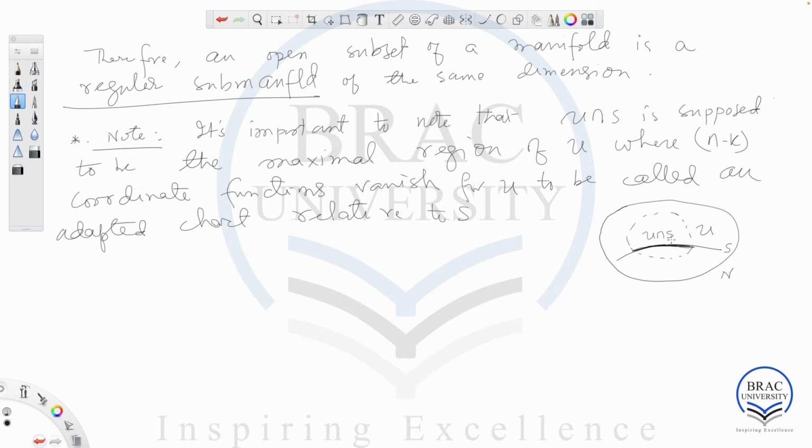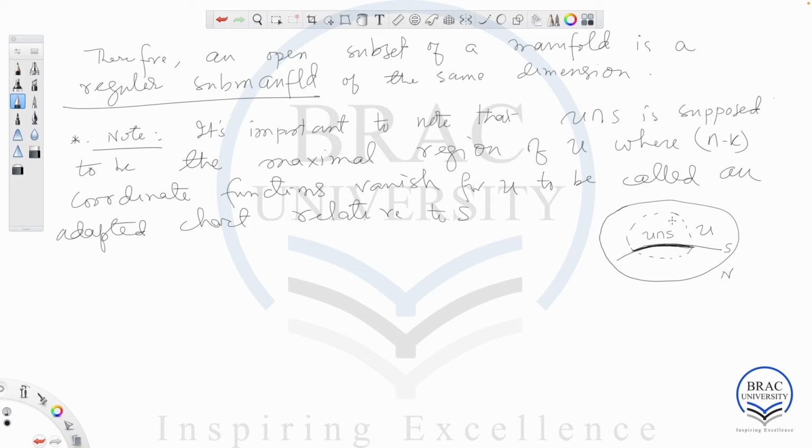By that we mean that this is the maximal region of U on which these n minus k coordinate functions vanish, meaning that on no other points of U except for U intersected with S this happens, right?